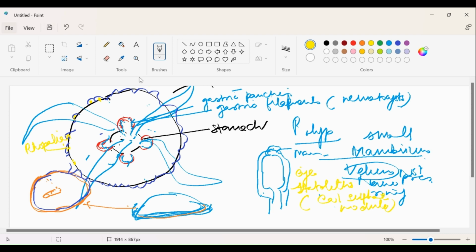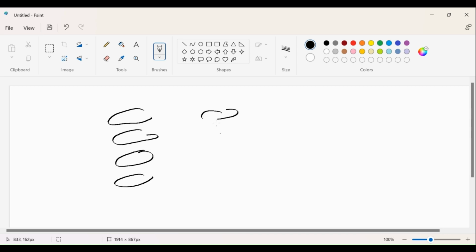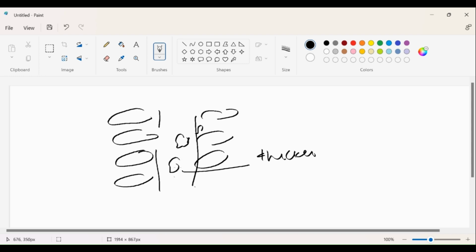Mesoglea is comparatively thicker, and it has elastic fibers. So I told you in the beginning, you have to make an LS or TS. This portion, that is the mesoglea, is thicker in Scyphozoa, and it has within it amoeboid cells.